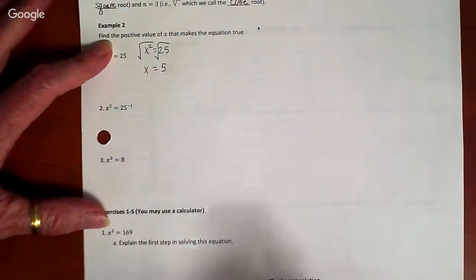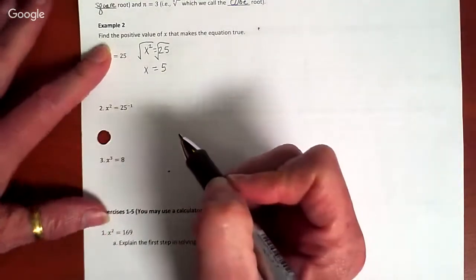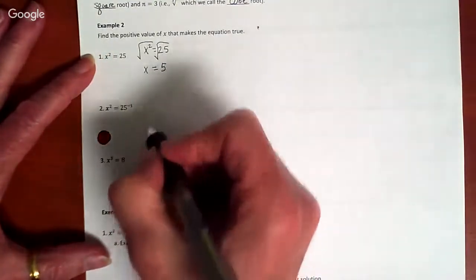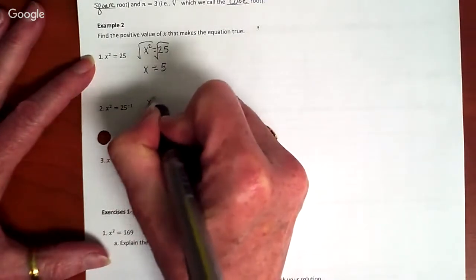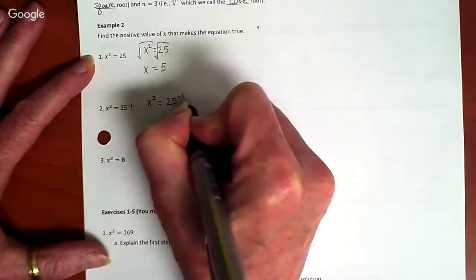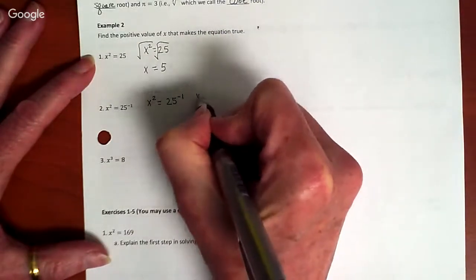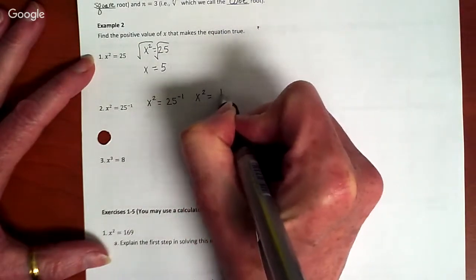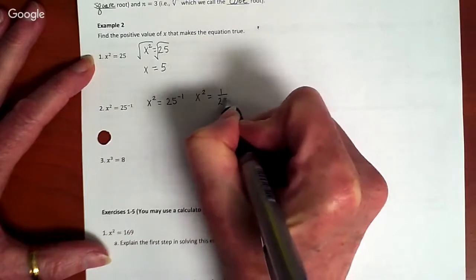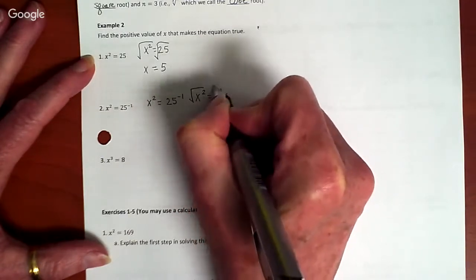The next thing, we have x squared equals 25 to the negative 1. Well, this is a little bit different. We have to rewrite that first. The way that we rewrite that is x squared equals 1 over 25. So now we can take the square root of both sides.